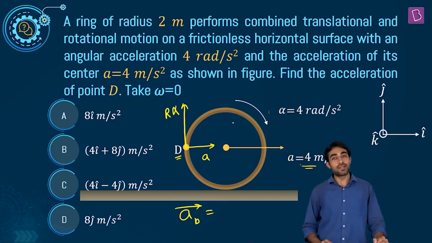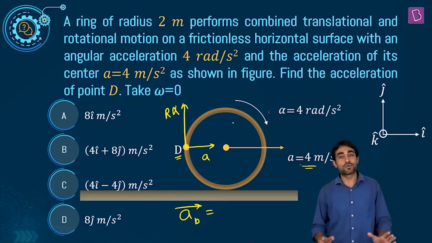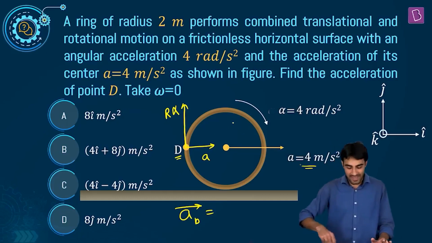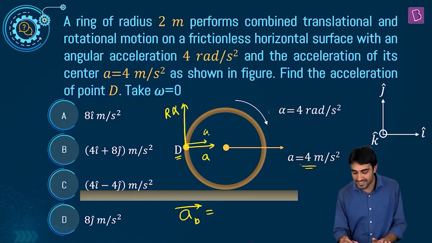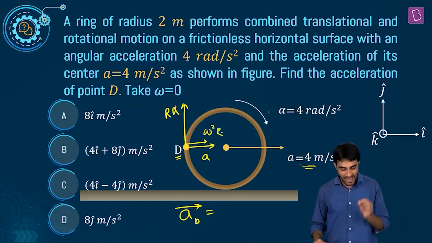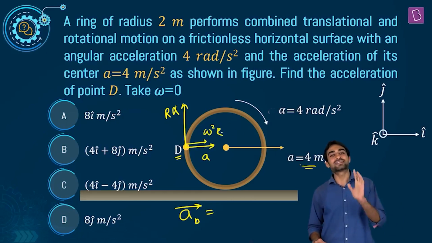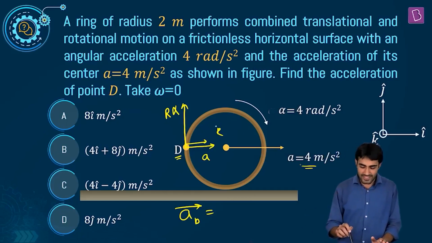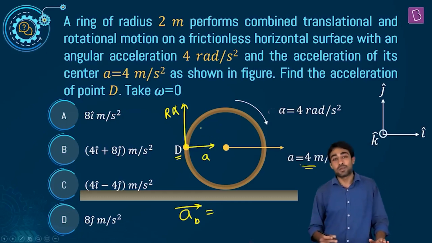Is that all the acceleration point D has? No. Point D has omega square r. This is the centripetal acceleration also. Don't forget this. Omega square r is towards the center. In our question, they gave omega equals 0. So we can place this omega square r as 0.